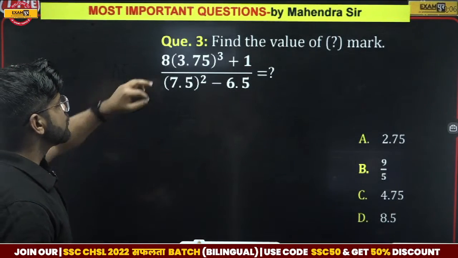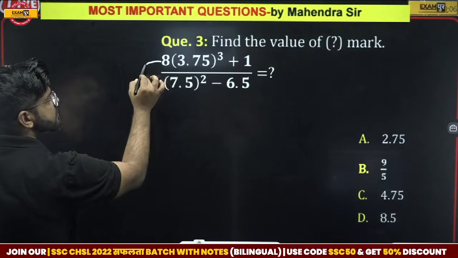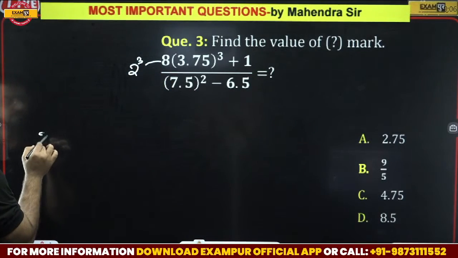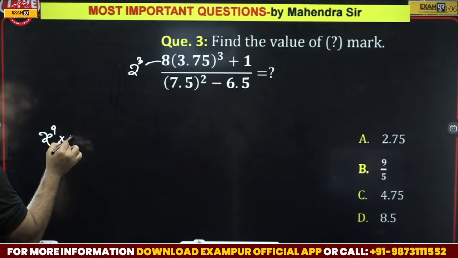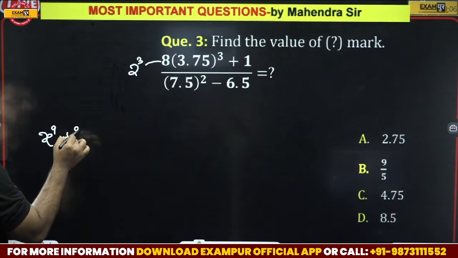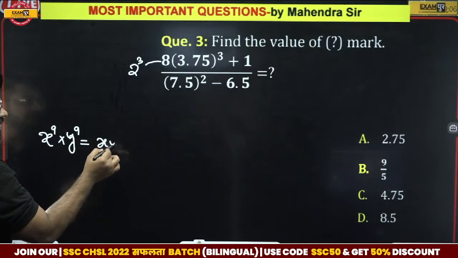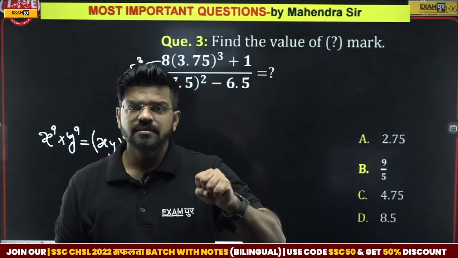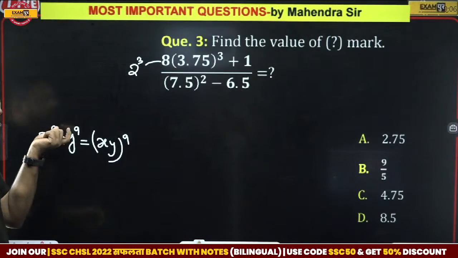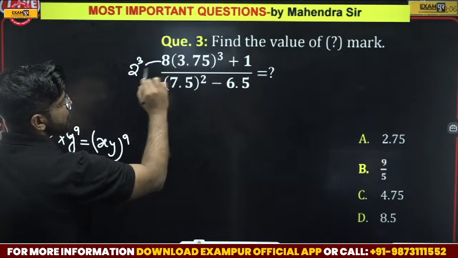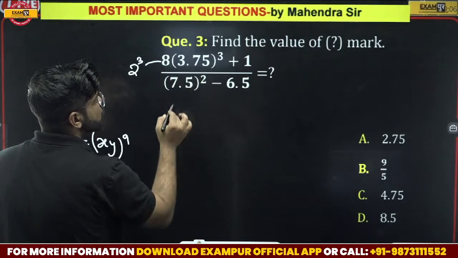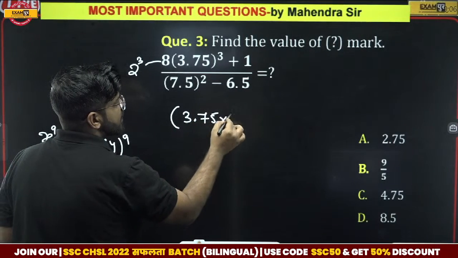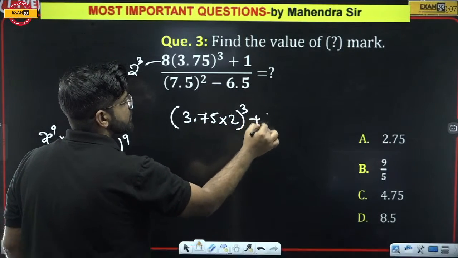You can write 8 as 2 to the power 3. And you know that x to the power a multiplied by y to the power a can be written as (xy) to the power a. That means we can combine the bases if the power is the same. So we can put it into a bracket: 3.75 multiplied by 2, and here is the power 3.